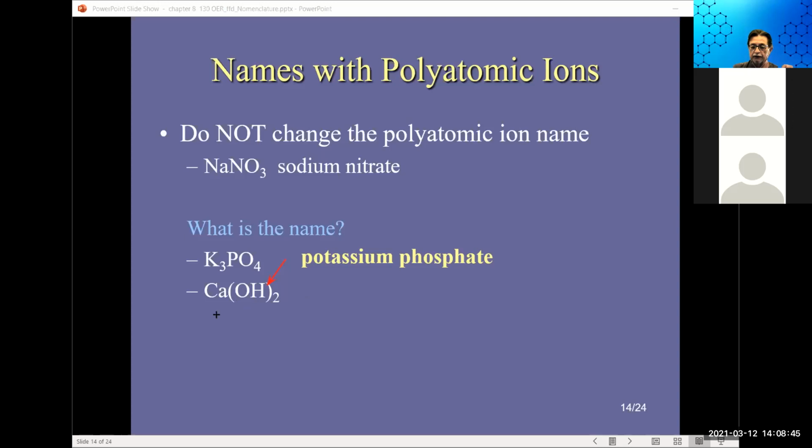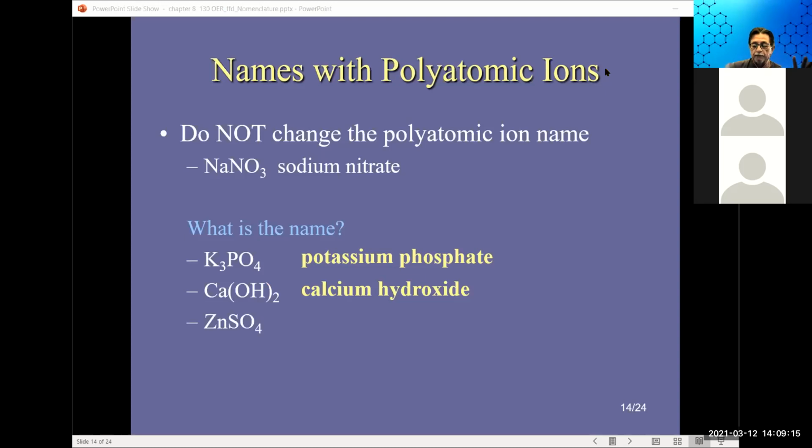So then that sends me to look for OH, which is the hydroxide polyatomic ion. And so the name here would be calcium hydroxide, which, by the way, if you eat a lot of Tums, is one of the key ingredients, calcium hydroxide. Okay, all right.